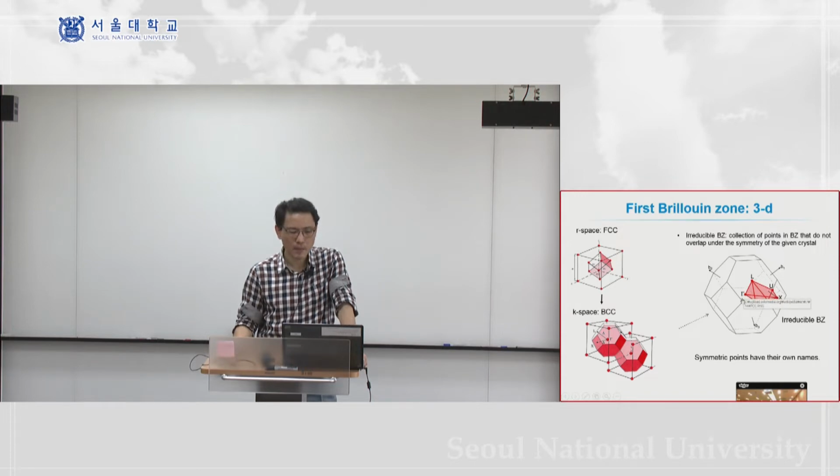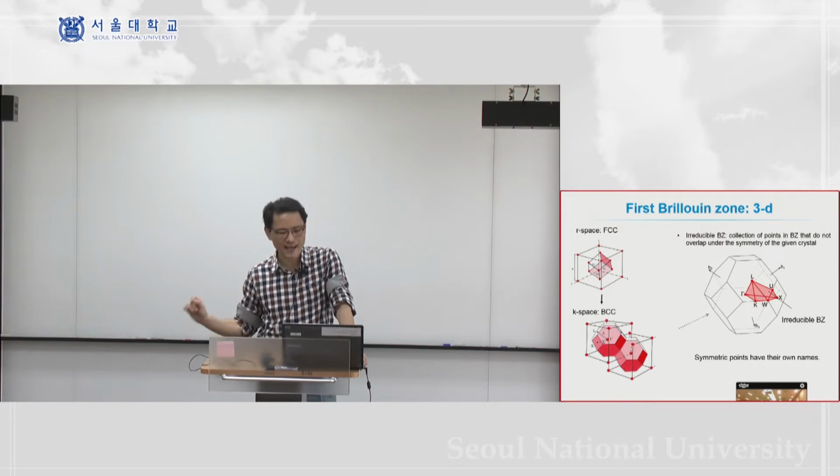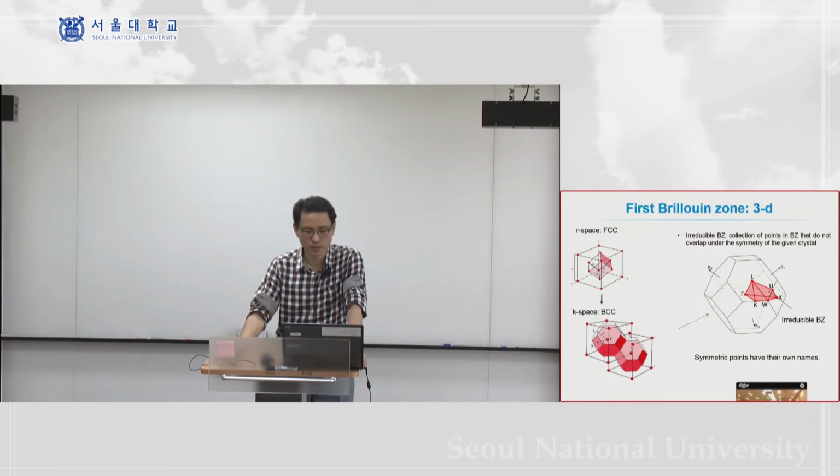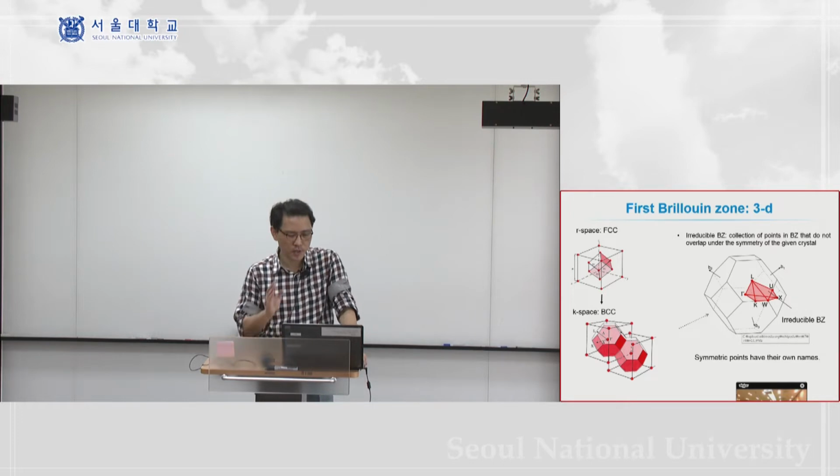The gamma point always means the center of the Brillouin zone, and the X point usually indicates the point at the extreme along the x-axis. But the specific names differ among different symmetry groups.